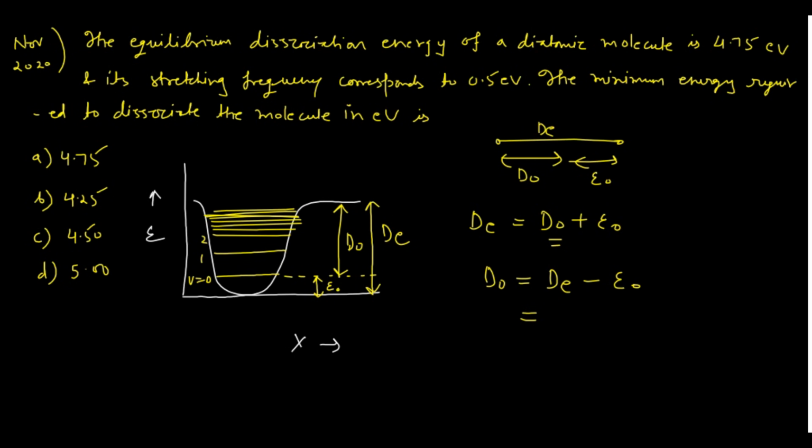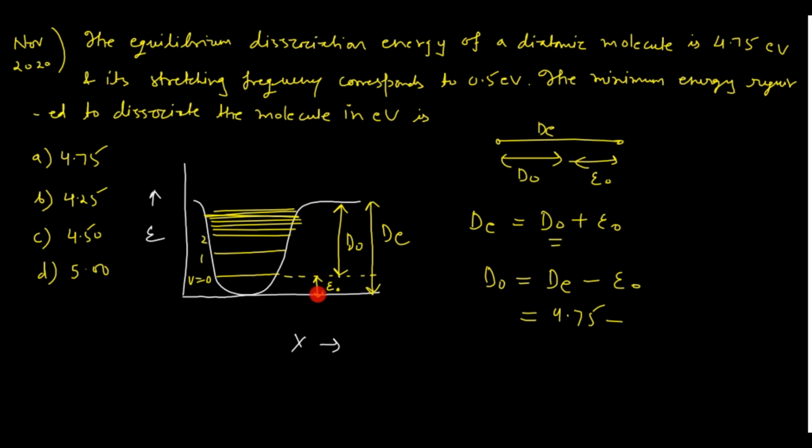So you can write 4.75 minus, then what is given, this 0.5 is the stretching frequency corresponding to this one, right? It is having the lowest vibrational energy. Even if you keep the sample at absolute zero, your molecule will vibrate actually.